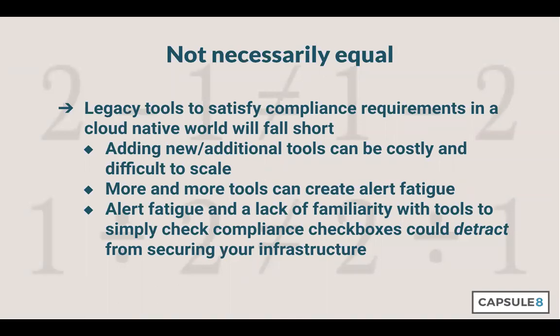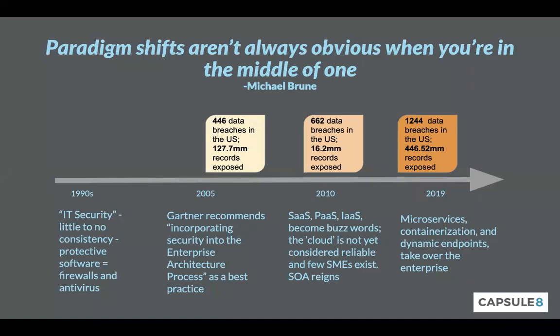So how did we get here? It's difficult to see paradigm shifts when we're in the middle of them, but I'm afraid we are. In the early 90s, we talked about IT security almost as an afterthought. There was little to no consistency, and protection really boiled down to firewalls and antivirus.